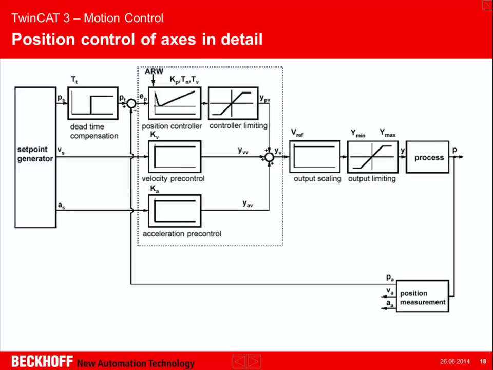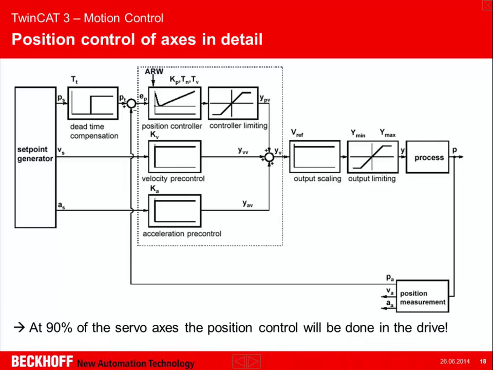And on the way back into the PC, we have of course the position measurement, and of course with the position measurement also the calculation from encoder values to physical values in meter or millimeter. So more or less 90% of the servo axis do position control on the drive. So this is the normal thing, but you can also do position control in the PC.